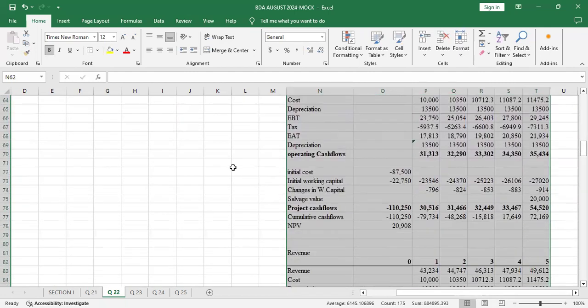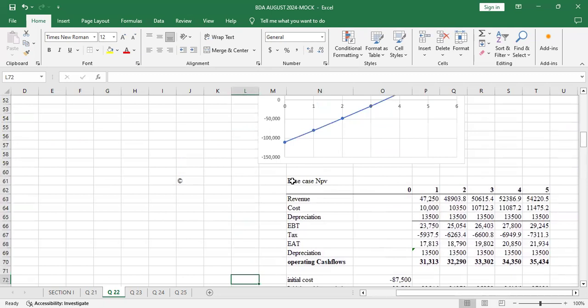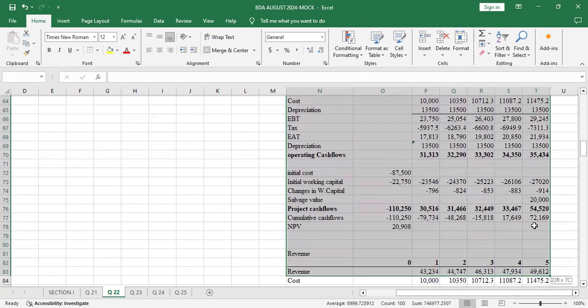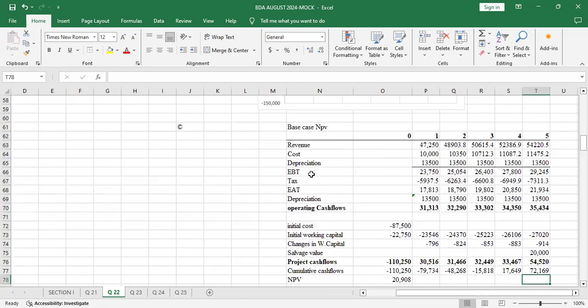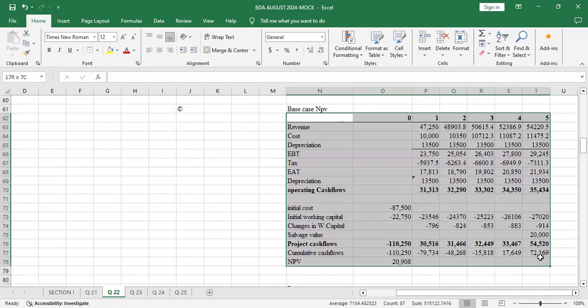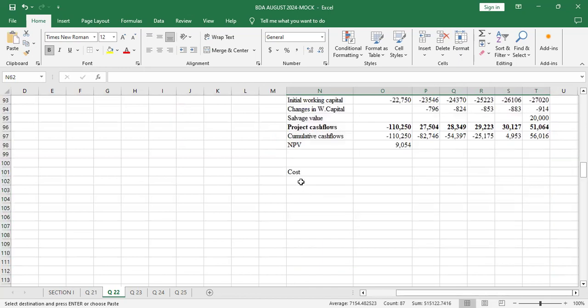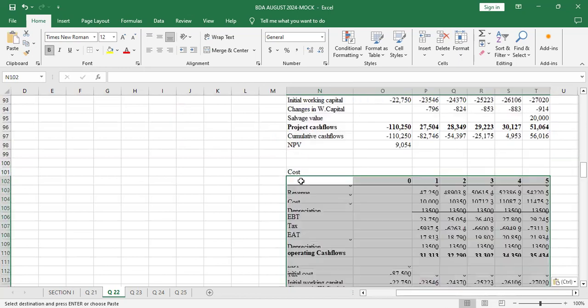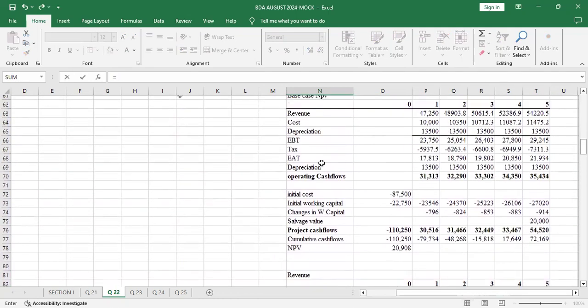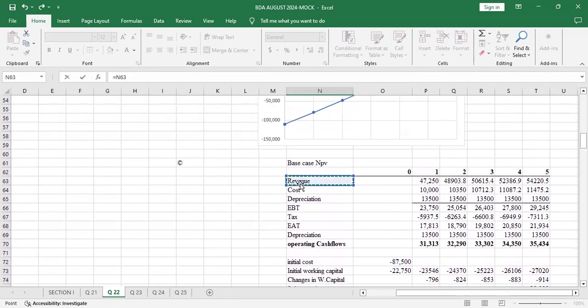No, sorry, I was to copy only for base case. So I'll copy only this up to NPV. Control C. Then you just come and paste it here. Control V. So I'll start with the first one, which was revenue.